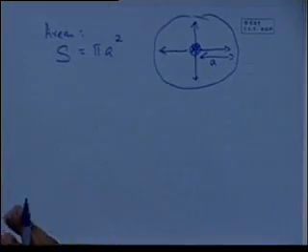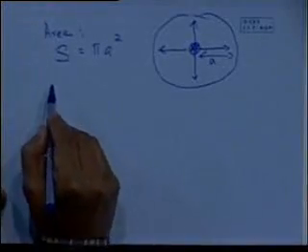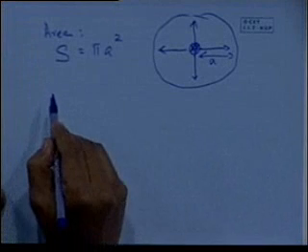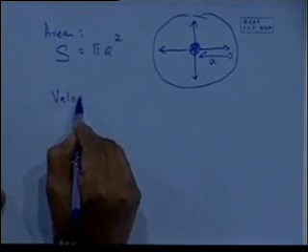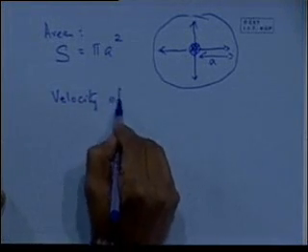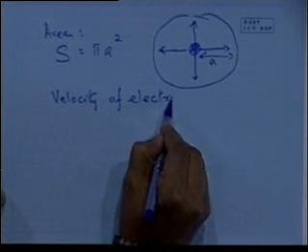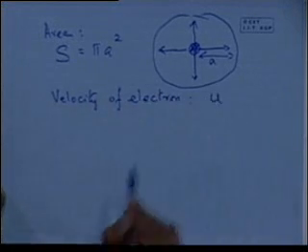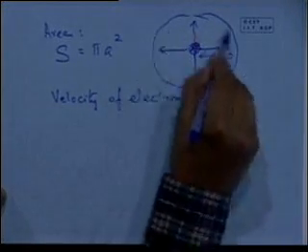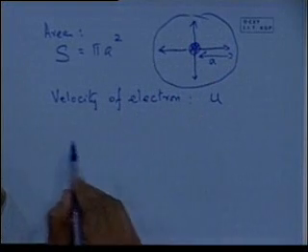So as long as the electron, in its passage through the material, comes within this area around that vibrating atom, it's going to get scattered. And so the electron has a certain velocity, defined earlier as u, and when it comes within this area S, it's going to get scattered.